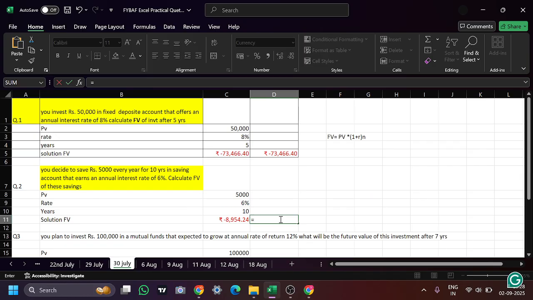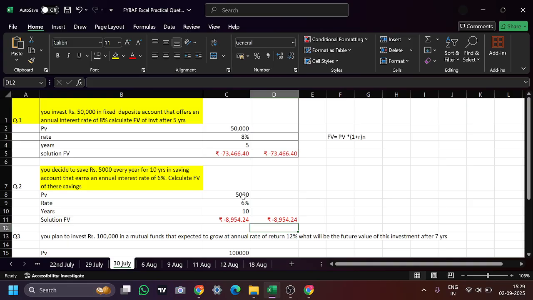Is equal to future value in bracket, the rate, comma, number of years, comma, 0, comma, present value, comma, again 0, bracket complete, and you will get the future value as 8,954, that is almost 9,000. The present value is 5,000, and the future value of the 5,000 will be how much? 8,000. Let's go for the next question.